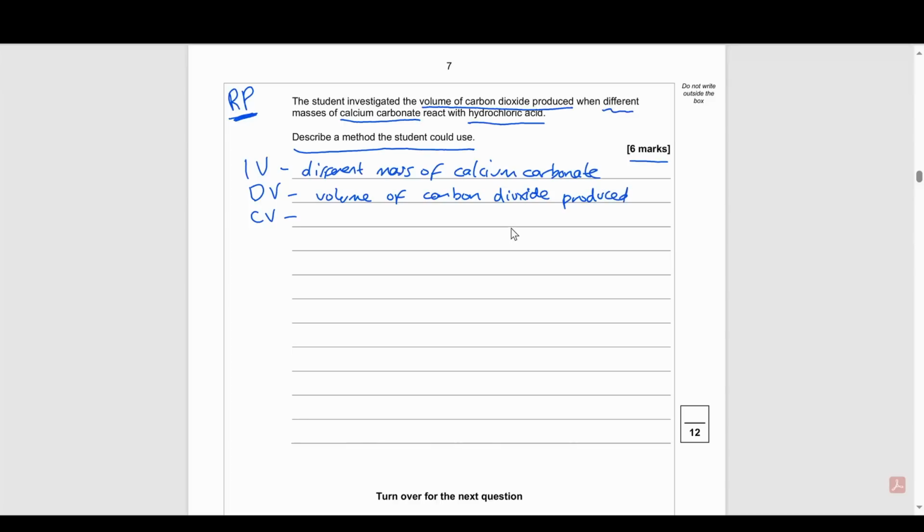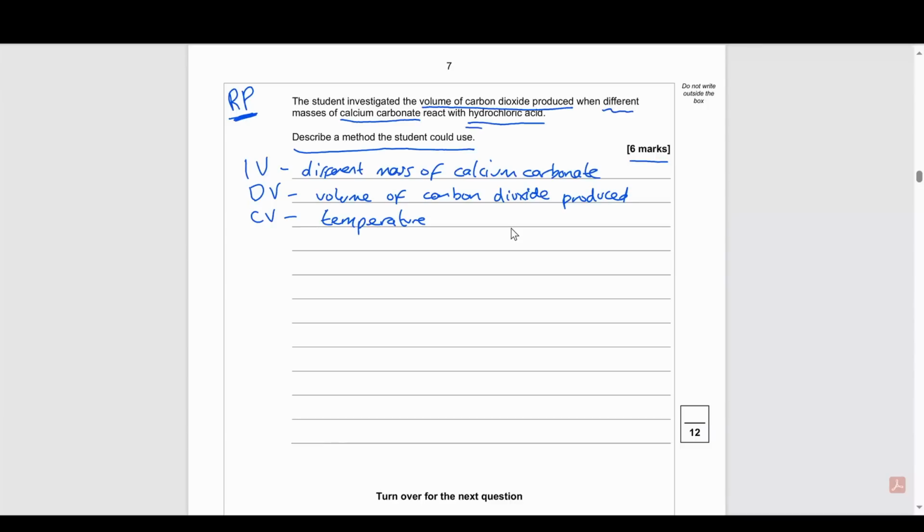Now what do we want to keep the same now? Something that could affect the volume of carbon dioxide produced. Well, that would be the temperature. So maybe we could mention something that we could use to keep the temperature the same. What else could change the volume of carbon dioxide produced?